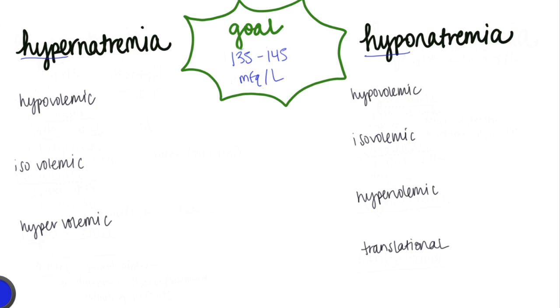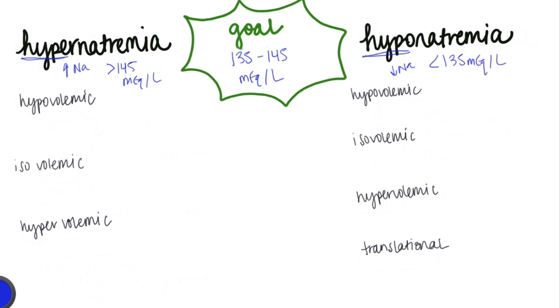So if we jump over to the side here, we'll see hypernatremia, which is going to be an increased sodium status. So that's obviously going to mean we're going to be somewhere above the 145 milliequivalents per liter. And on the opposing side, we'll see hyponatremia, and that's going to be when we have the decreased status of sodium, which is going to be below 135 milliequivalents per liter.